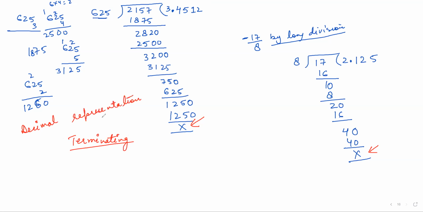Clear? So please remember, terminate means it is ending at some point. Ultimately you are getting a remainder 0. So this is one result we have seen, that if we divide a rational number, then the decimal representation is terminating. Clear?